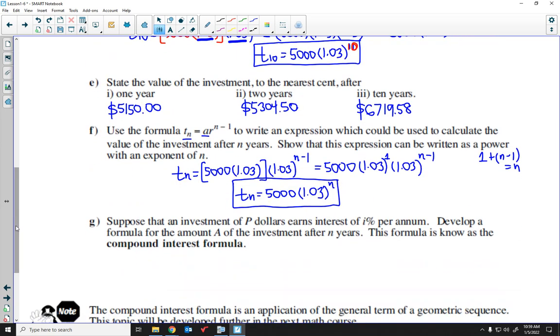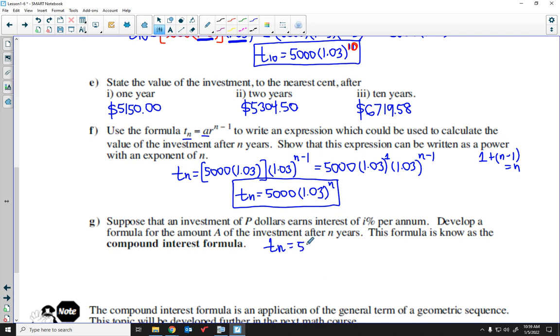Okay, G says suppose that an investment of P dollars earns an interest of I% per annum. Develop a formula for the amount A of the investment after n years. This formula is known as the compound interest formula. Okay, so we're just going to do some quick replacements of variables here.